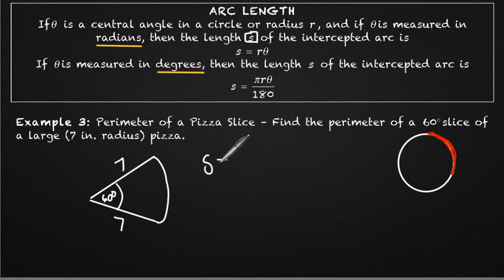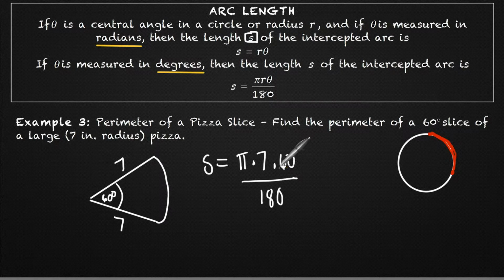So S equals pi times the radius, which is 7, times the angle theta, which is 60, divided by 180. All right, so 60 divided by 180 is the same as 1/3.